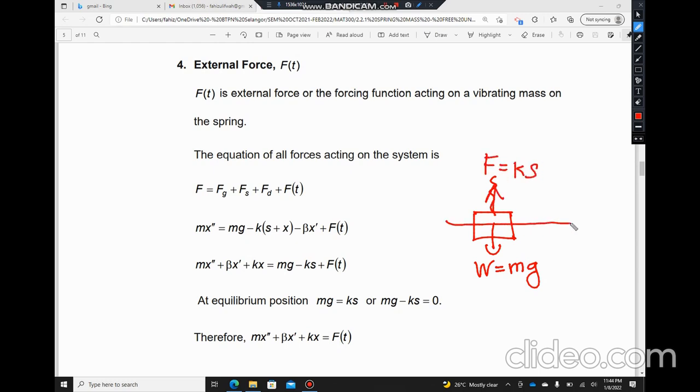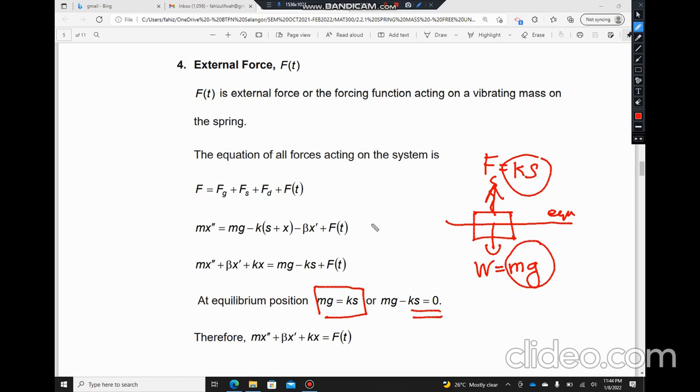So dia akan berada dalam equilibrium kalau nilai mg equals ks. So that's why kita akan dapat equation ni, mg equals ks or mg minus ks equals 0. So mg tolak dengan ks sama dengan 0.